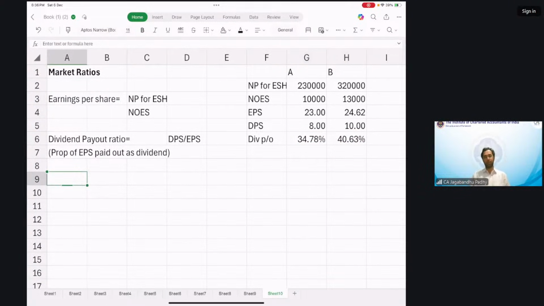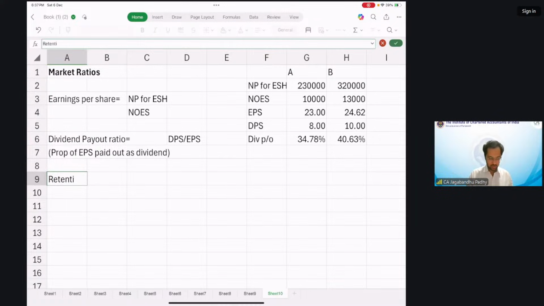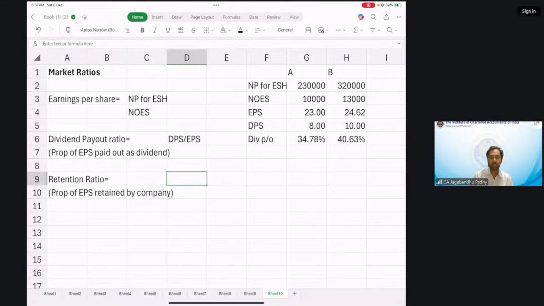Okay. Now, after this dividend payout ratio is done, how much is the retention ratio? So retention ratio is going to tell us what is the proportion of EPS retained by the company.